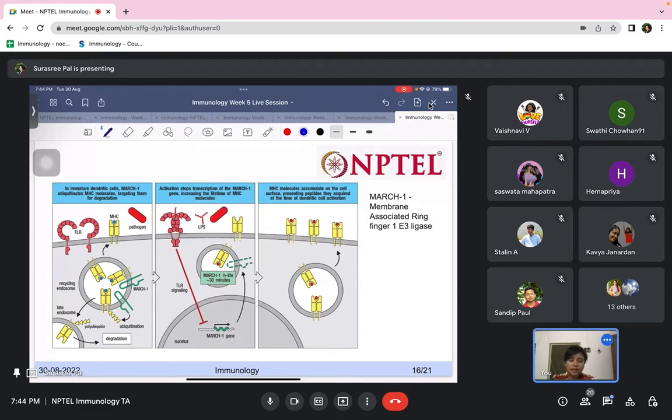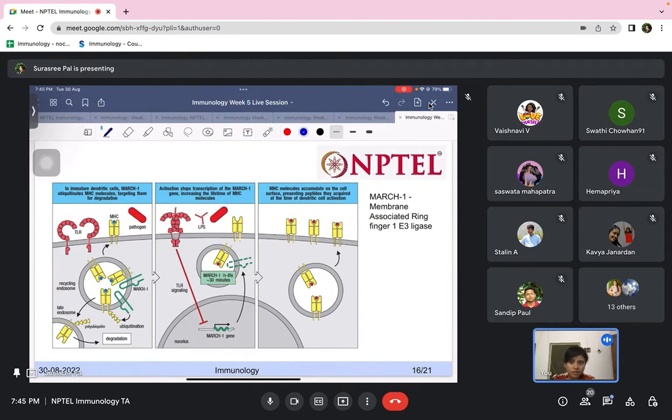This recycling has to be prevented so that the dendritic cell can travel to the lymph node to convey this information, that it has come in contact with the pathogen, to the naive T cells. This travel of the dendritic cells to the lymph node will take some time and may take a few hours.